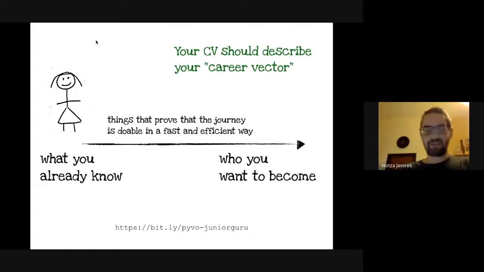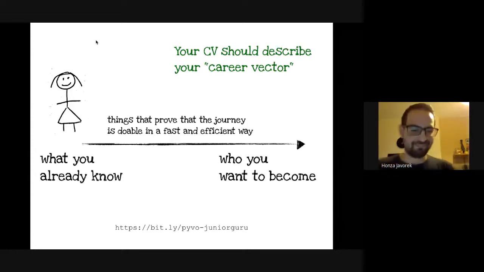so it's not just a static snapshot of what you know, but it also shows where you're going. So I think it's good if you say, I'm a junior Python developer who knows the basics, but I want to become a backend engineer, or I don't know, I want to become a DevOps master, technical writer, or data analyst, something like that.